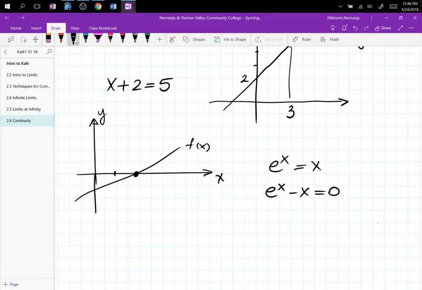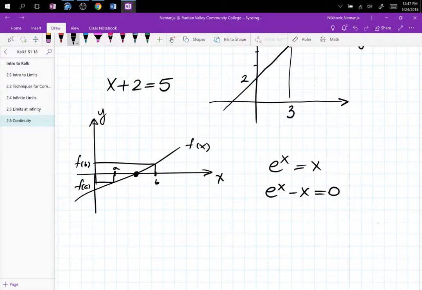Observe what's happening with f of a and f of b, if this is your a and this is your b. See, f of a and f of b always have opposite signs. One is negative, one is positive, if the solution is trapped in between. So you can keep zooming in, guessing the interval on which your point is.